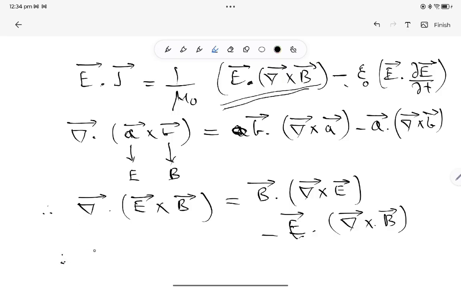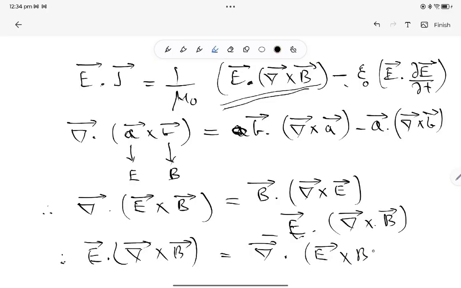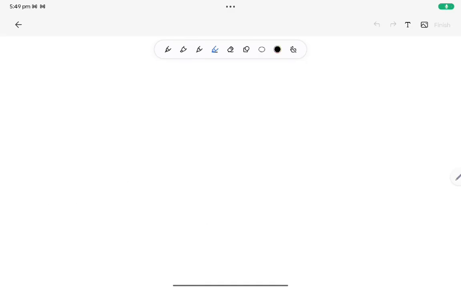Therefore, we will have E dot del cross B is equal to del dot E cross B plus, sorry, plus B dot del cross E. So the sign of the second term on the left hand side, we have written wrongly as positive, it is negative.